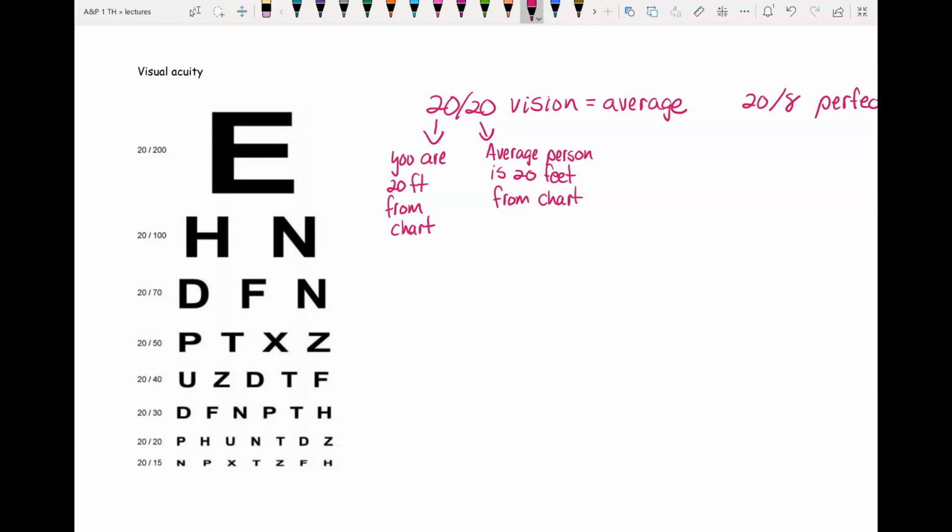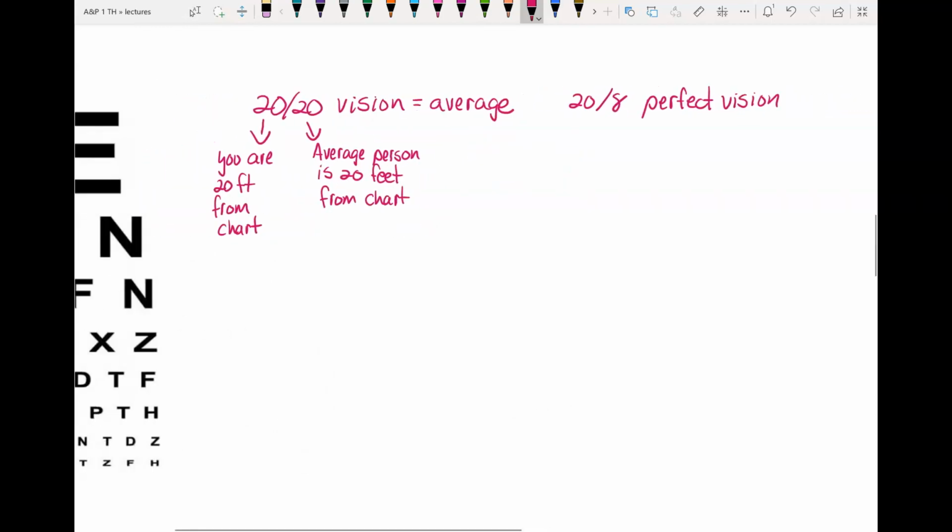If we look at perfect vision, the 20/8, this means that you are 20 feet from the chart. So let's pretend you have perfect vision. The 8 means that the average person is 8 feet from the chart.